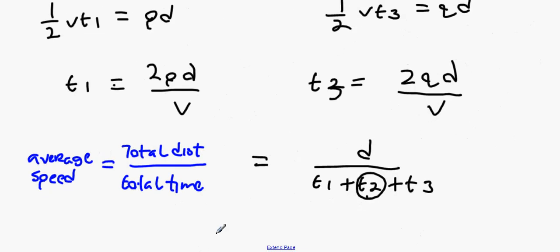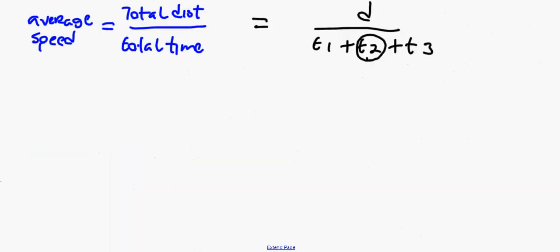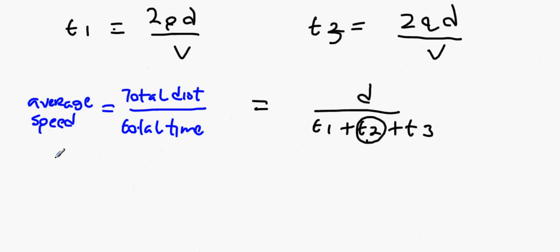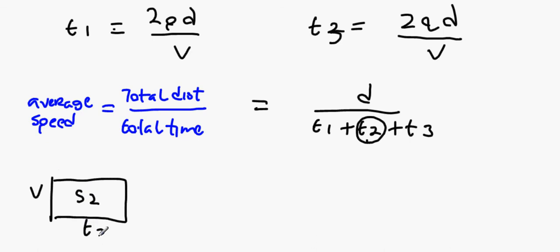So we can find out that S2, which is V times t2, equals VT2.